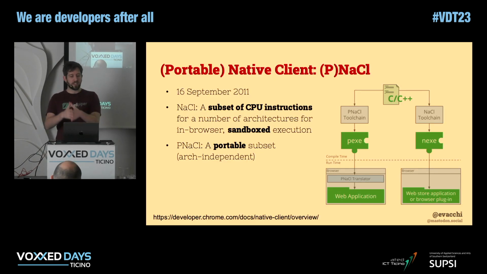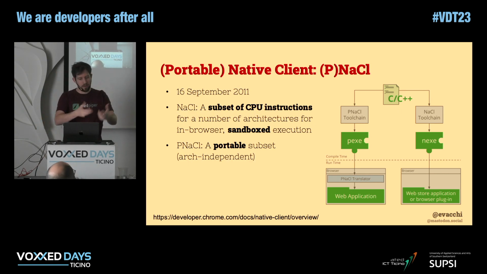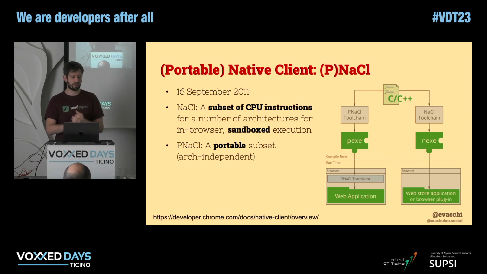Because it brings us to NaCl. NaCl was a technology that was embedded in the Chrome browser to run arbitrary binary code. It was a toolchain that allowed you to compile C and C++ into a restricted form of a native executable, a restricted subset of the instruction set for CPUs.